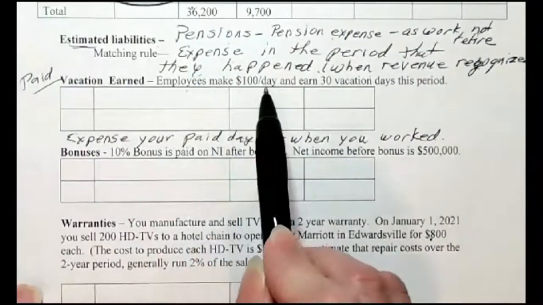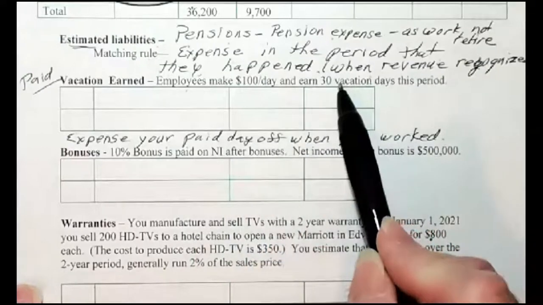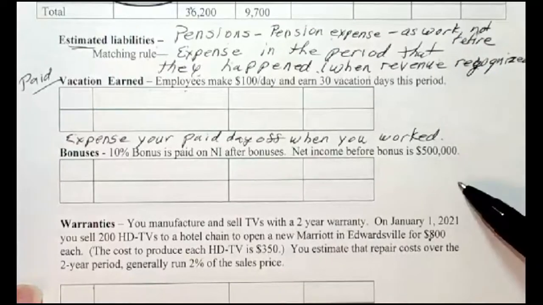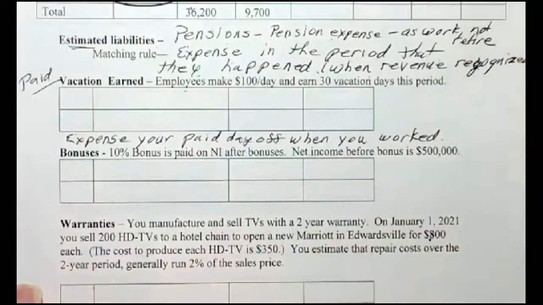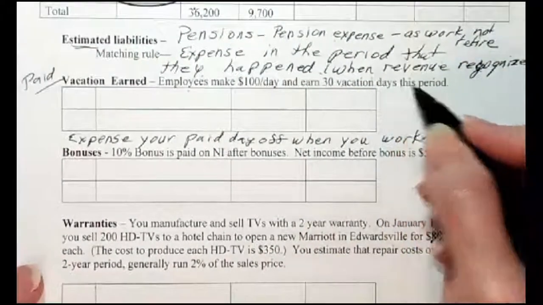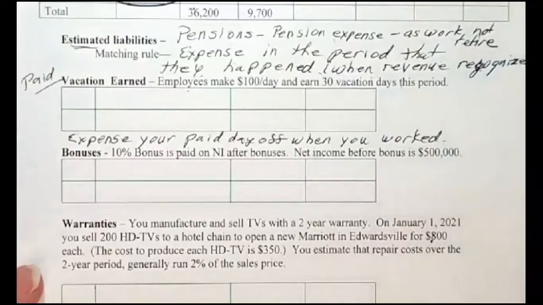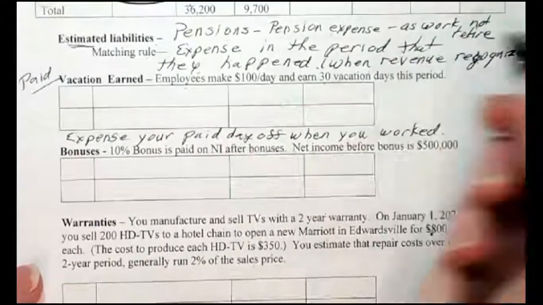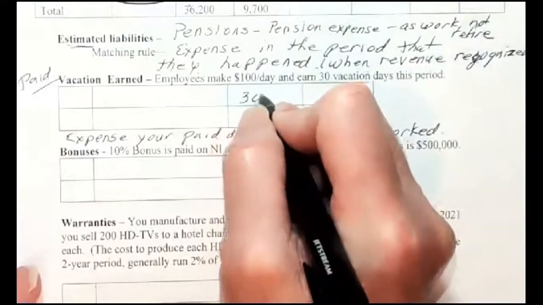Let's say employees make $100 a day, and this period they earned 30 vacation days. So we're in December, and let's say it's the first year of operations. We'll make life a little easier. So they haven't taken these days. We just promised to let them off next year. I need to expense those this year. 30 times 100 is 3,000.